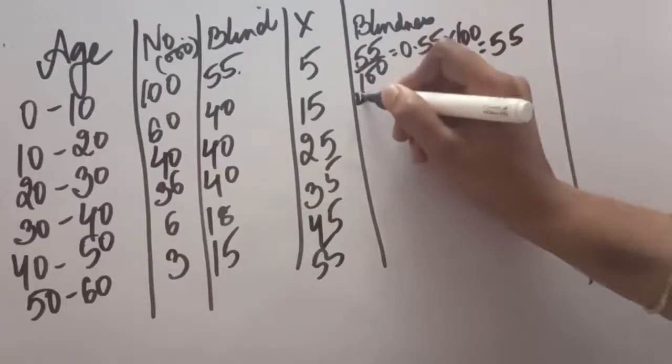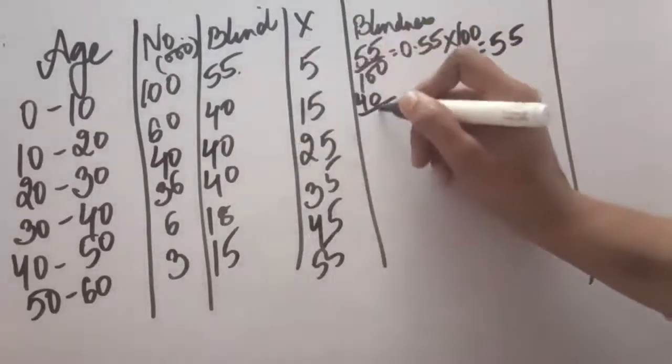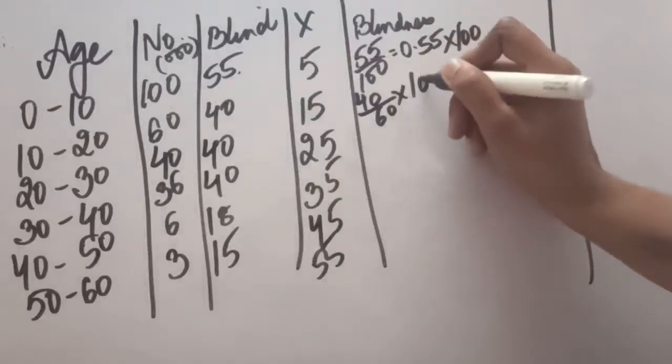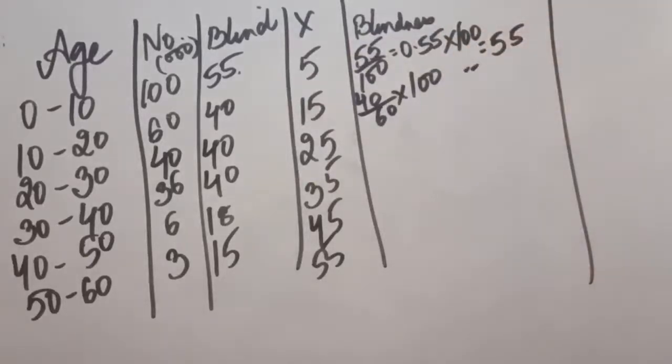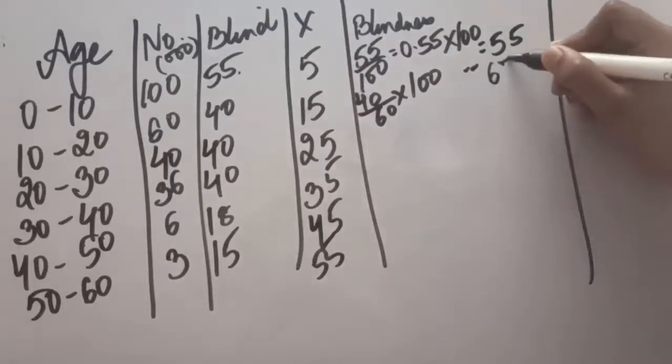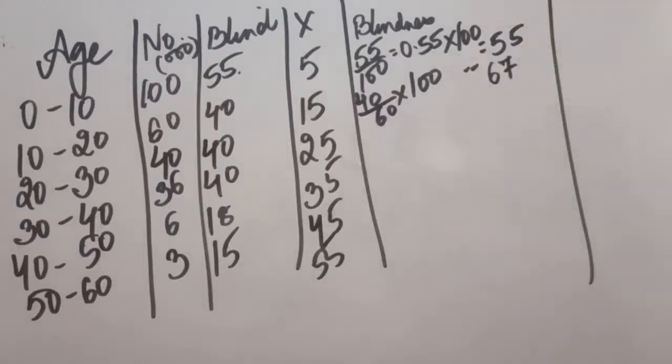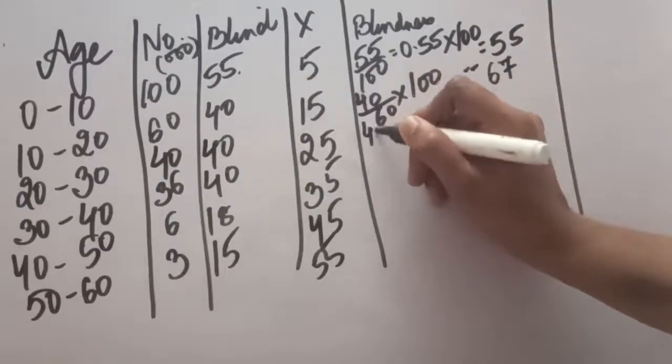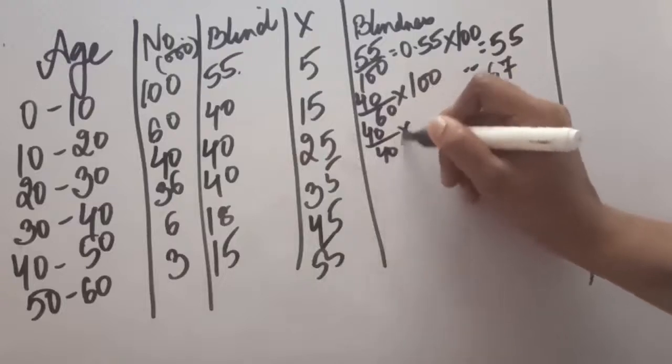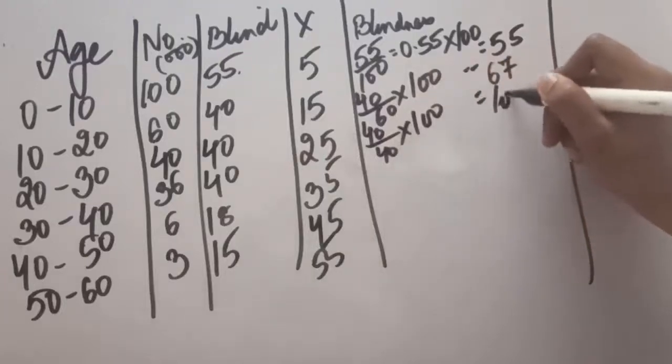For the second, 40 are blind out of a total of 60, multiplied by 100. So 40 divided by 60 into 100 gives 66.67, which I can write as 67. Next is 40 blind out of 40, into 100, so the next will be 100.